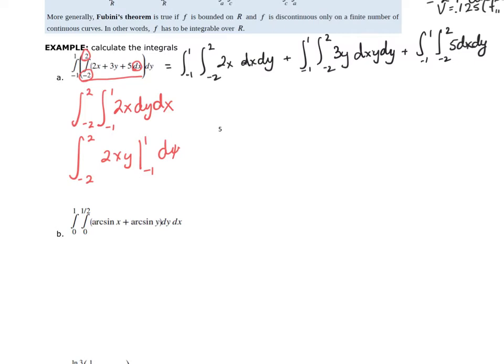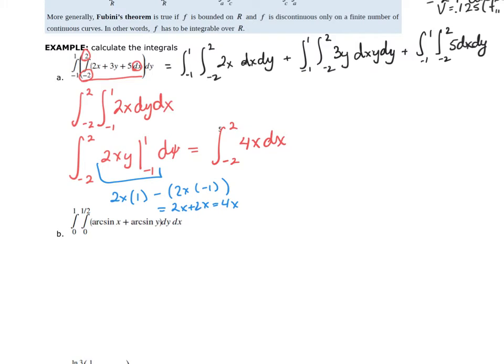If I evaluate this part with respect to y, this is 2x multiplied by 1 minus 2x multiplied by -1. And so this portion is just going to be 2x plus 2x, which gives me 4x. So just this first term is going to be the integration from -2 to 2 of 4x dx.